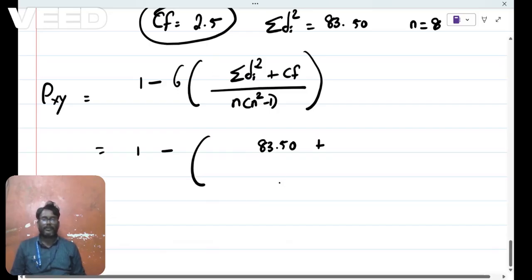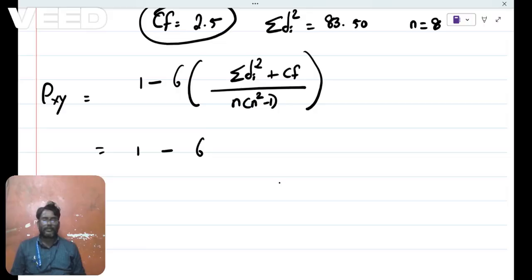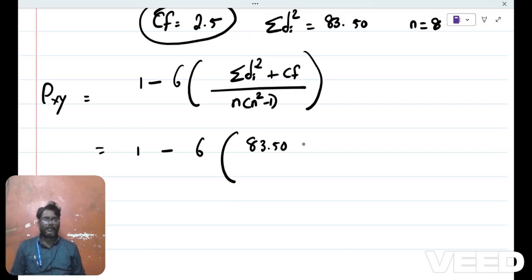The 6 is common for outside, so you will get 6 times sigma di square, which is equal to 83.50 plus correction factor 2.5, 30 by 12 divided by 8 into 8 squared, 64 minus 1.